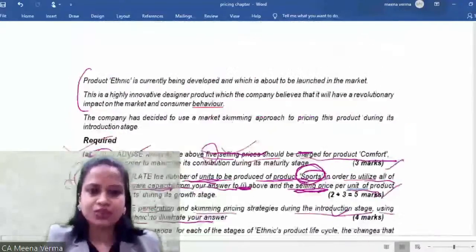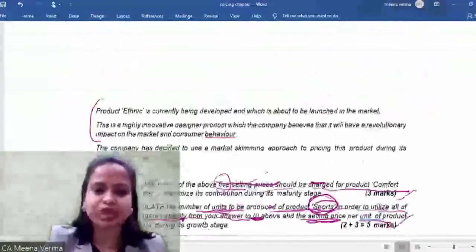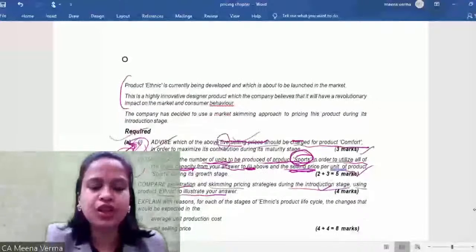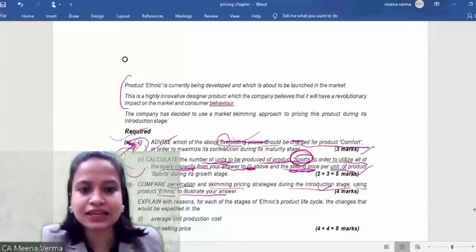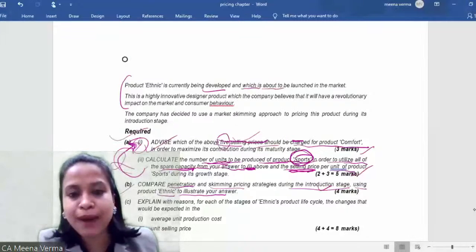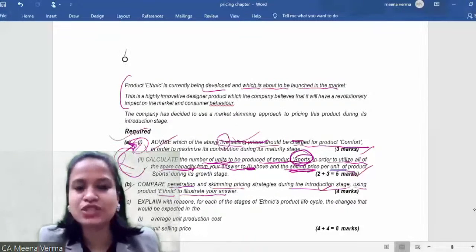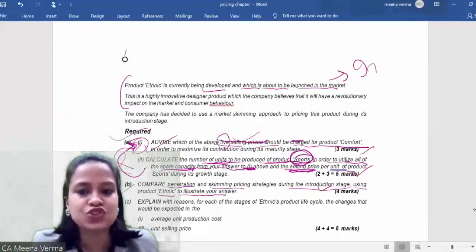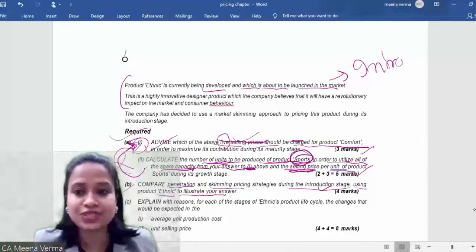What kind of strategy you should follow in the introduction stage? Let us first read about the ethnic product. It is currently being developed and is about to launch in the market, so this product is in the introduction stage of the product life cycle.